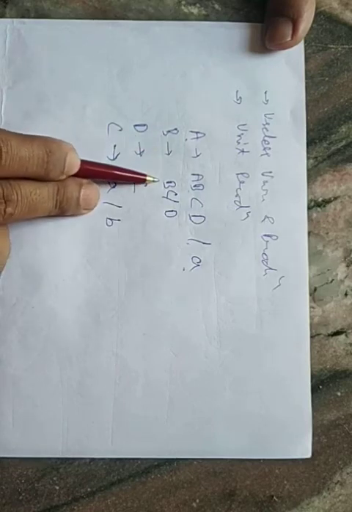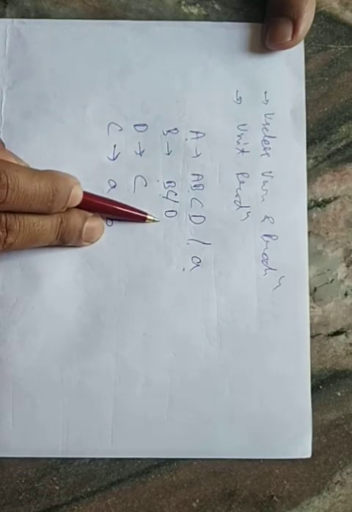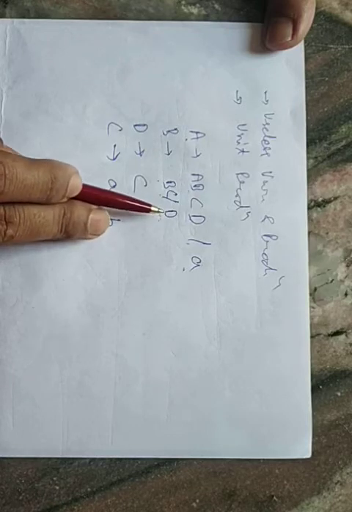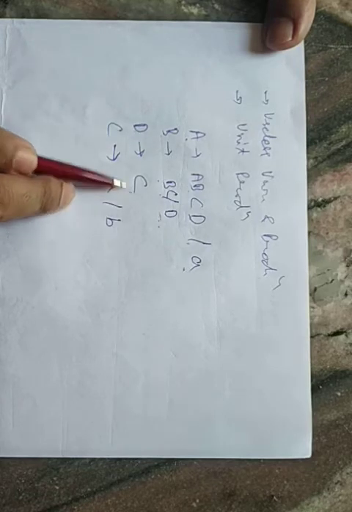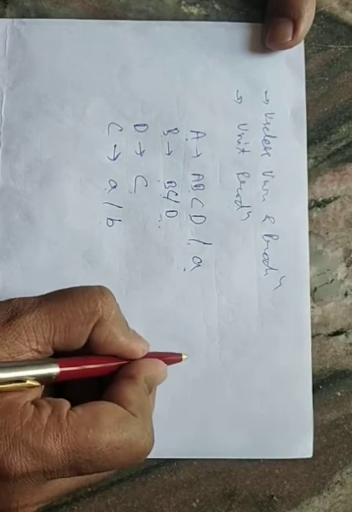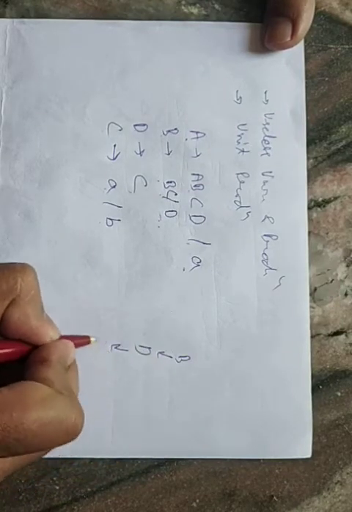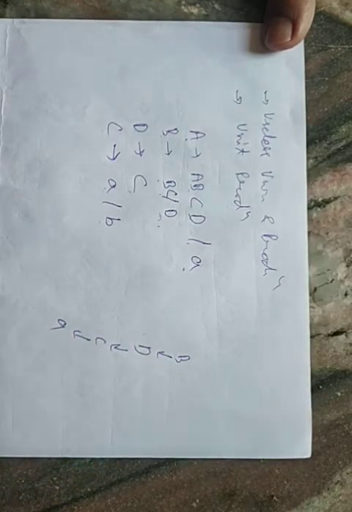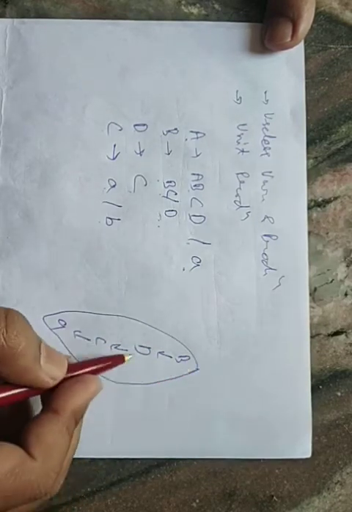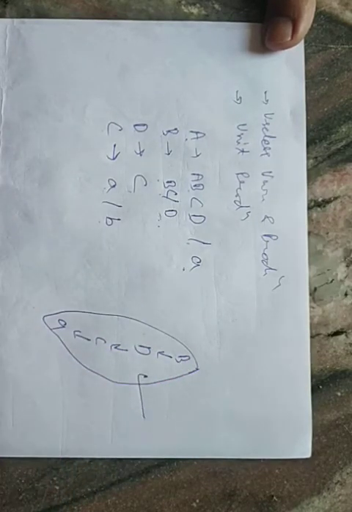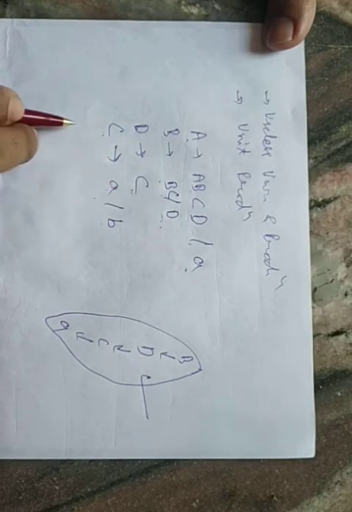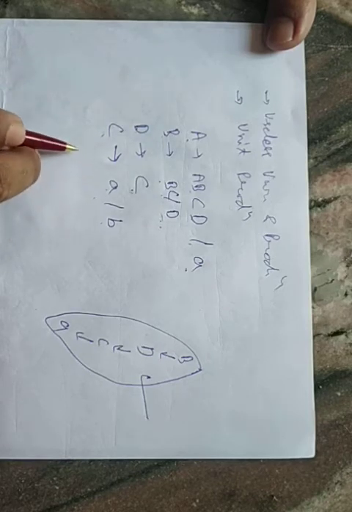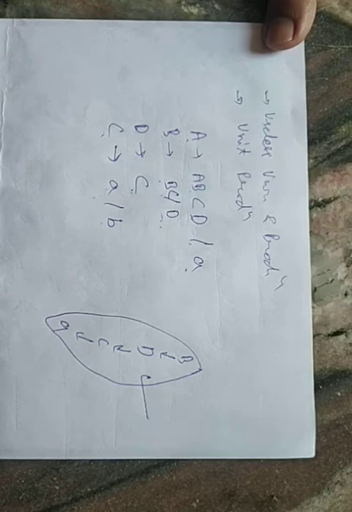B is producing B, C, and D. Directly it is not getting converted, but from B to D, D to C, and from C I can have A. So B can get converted into terminal format. D to C, C to A, so D can convert into terminal format, and C is directly getting converted. So there is no useless production in this particular grammar.